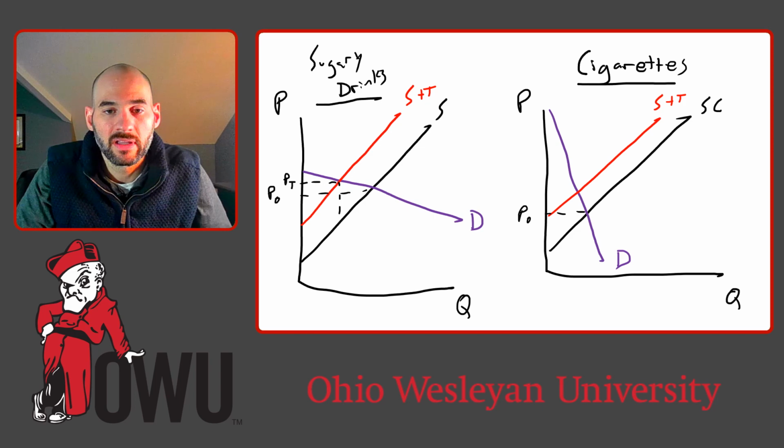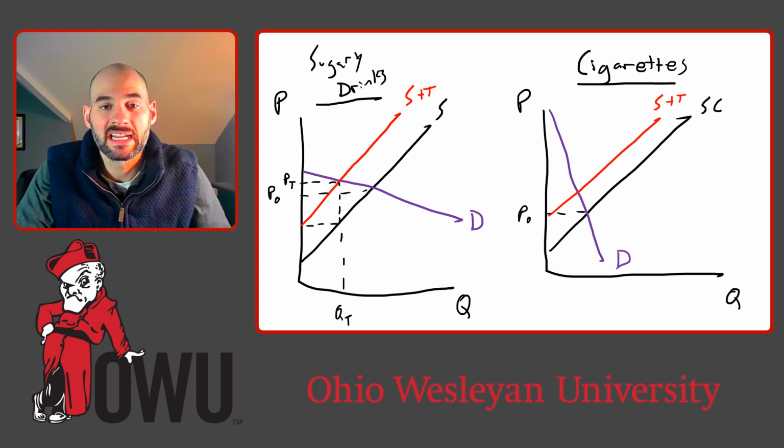And so they're going to receive the price which represents their marginal cost for that quantity. So that's what the difference in price would look like for the consumers and producers in the market for sugary drinks.